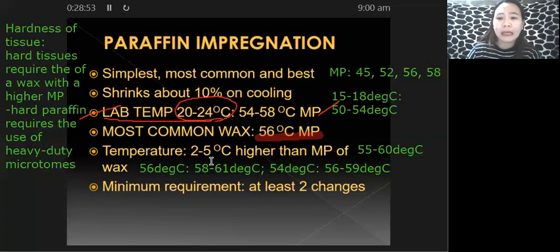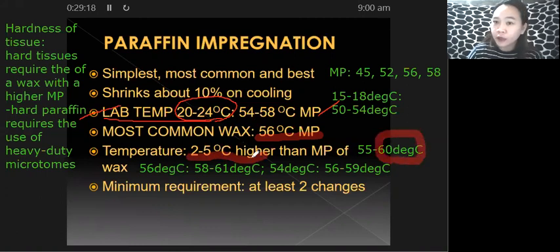Ma'am, what if there is a given melting point for the wax? You follow this rule. If the melting point of the wax was given, you follow this rule. However, again, it should not exceed 60. The temperature that is required should not exceed 60 degrees Celsius.